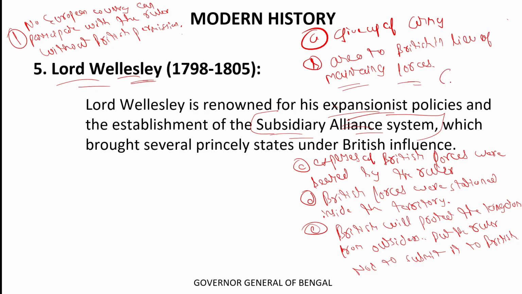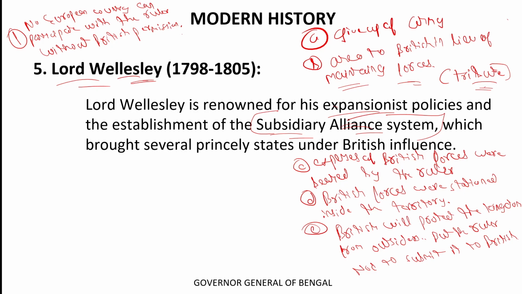Basically, you can say it was a tribute which is required to be paid by the ruler to the British so that the British could maintain their forces. The third point was that the expenses of the British forces and the British soldiers were borne by the ruler. The ruler who has signed the subsidiary alliance is required to bear the expenses incurred in maintaining the British forces.